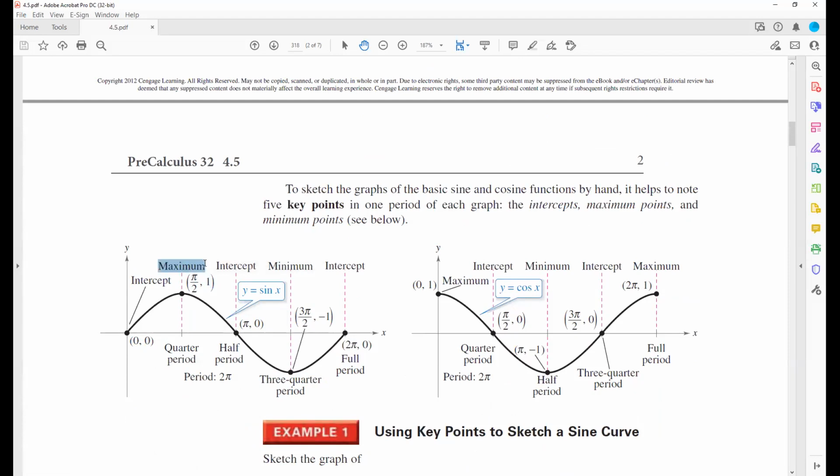So if the question says, what is the maximum value of the sine function? You're going to say the maximum value is equal to 1. And if the question says, at which x value the function takes its maximum, you're going to say, when x is pi over 2, my maximum value is 1.